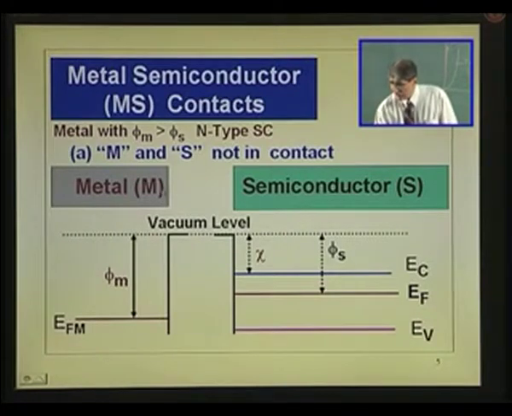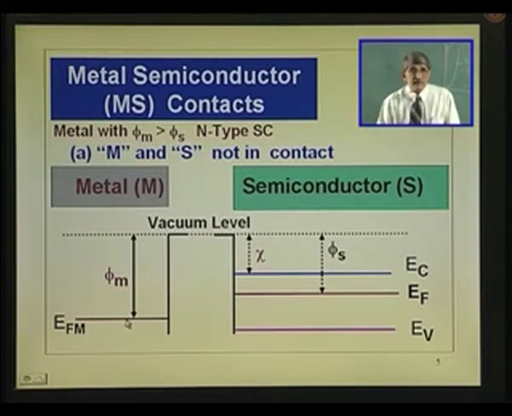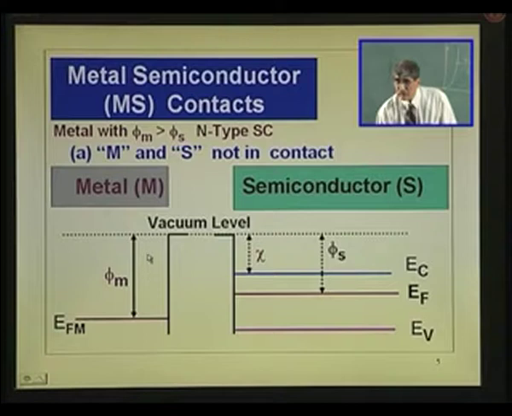On the left hand side, right below this point, I have shown the Fermi level of the metal, EFM, and the vacuum level. This phi m, which you have put there with an arrow, is the work function of the metal.